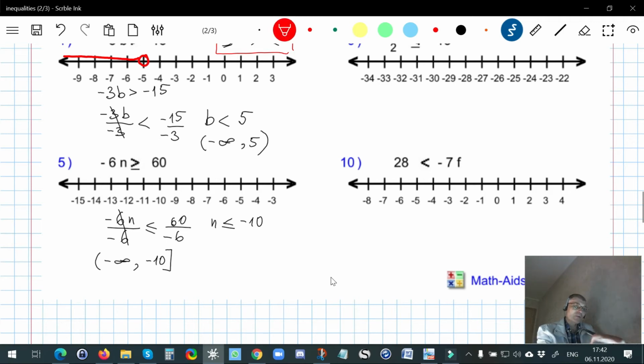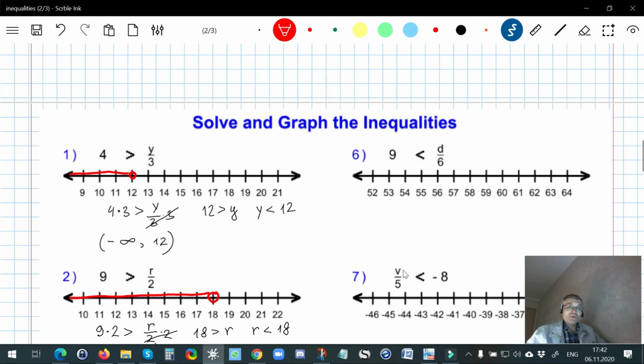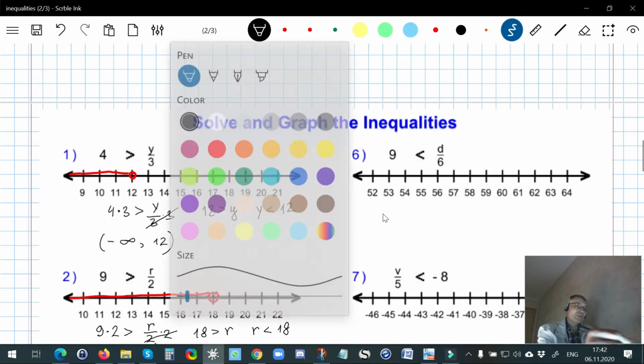And now I have to graph it, and here is negative 10, and this is it. So the only thing you have to watch out for is division or multiplication by a negative quantity.